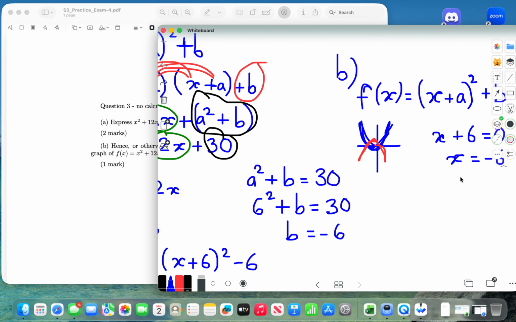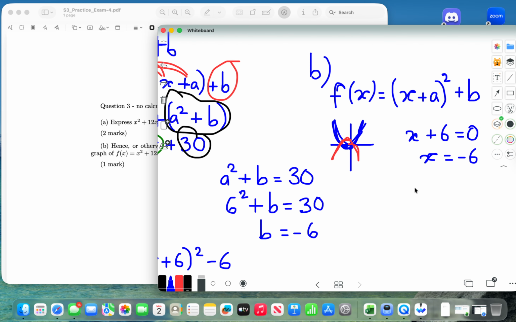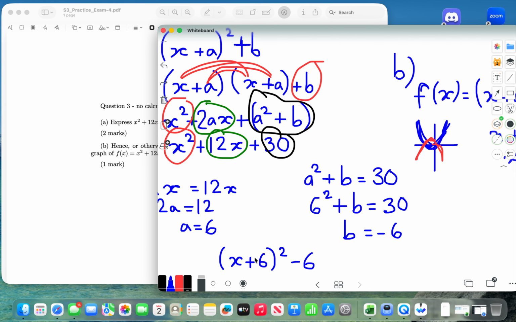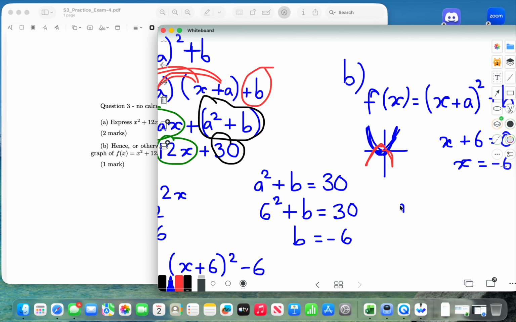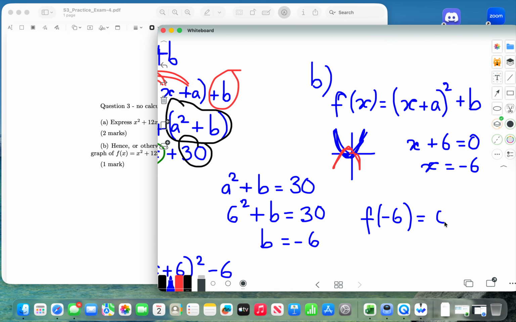We want to find the y value, and we just substitute minus 6 into what we had in A. So f of minus 6 is, well, we know minus 6 plus 6 is 0. 0 squared is 0, so that's 0 squared minus 6. And that gives us minus 6.